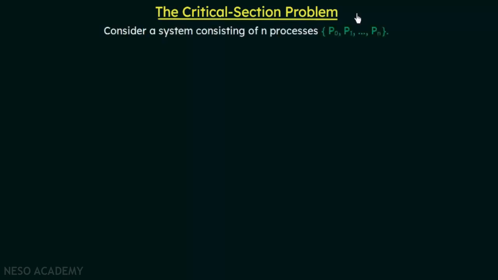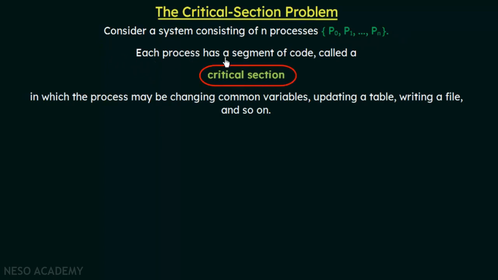To understand the critical section problem, let us consider a system consisting of n processes with process IDs P0, P1 up to Pn. Each process has a segment of code called a critical section, in which the process may be changing common variables, updating a table, writing a file, and so on.